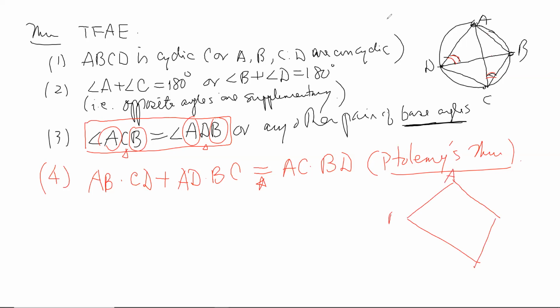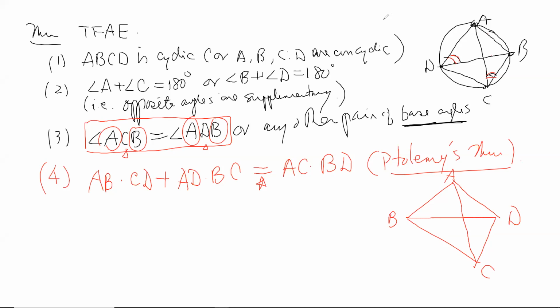So A, B, C, D here. So if the sum of the products of the opposite sides is equal to the product of the diagonals. Can you read this for me? Edward, can you repeat the sentence I just said?